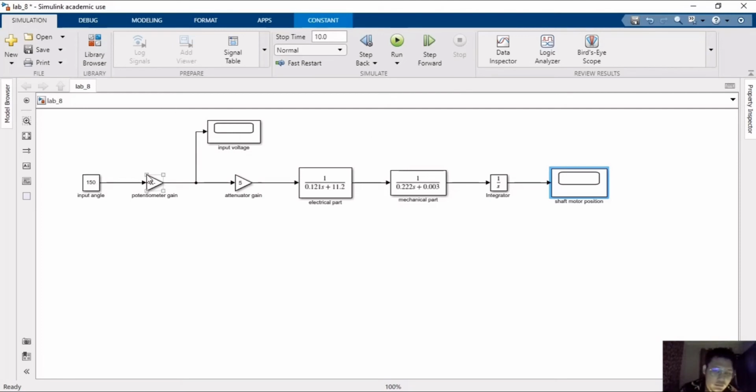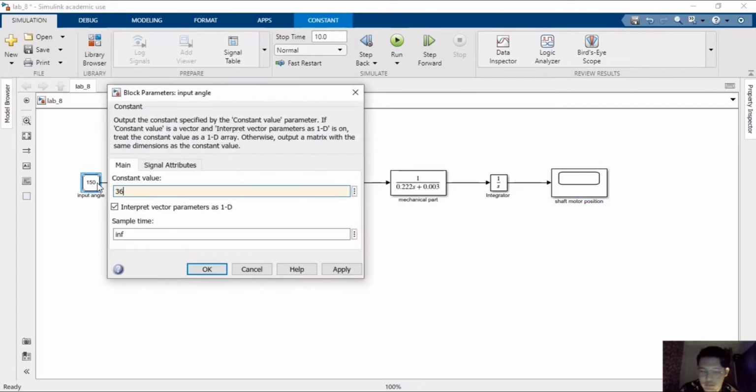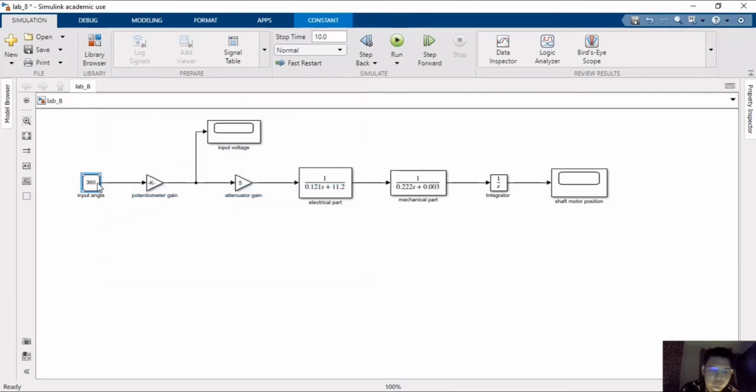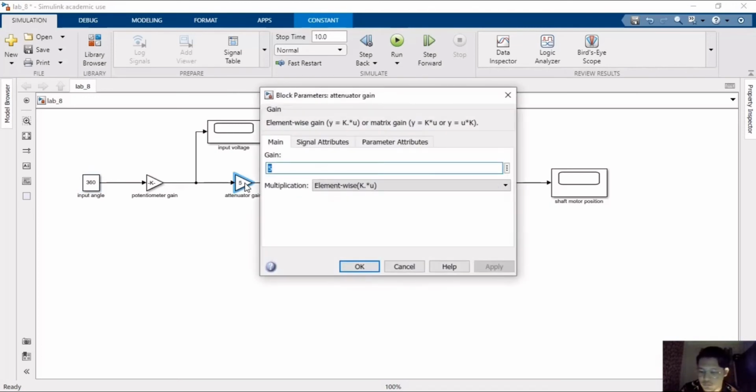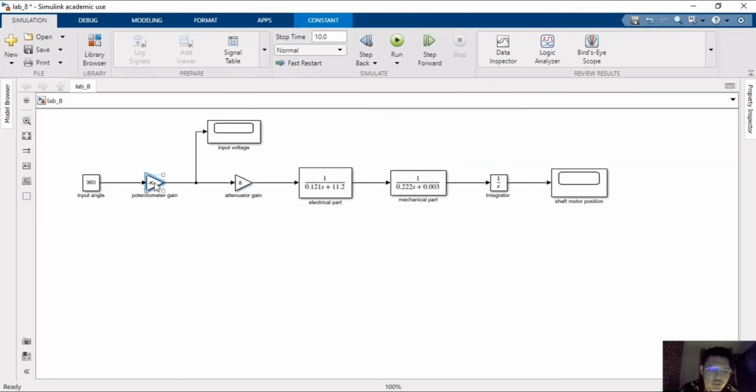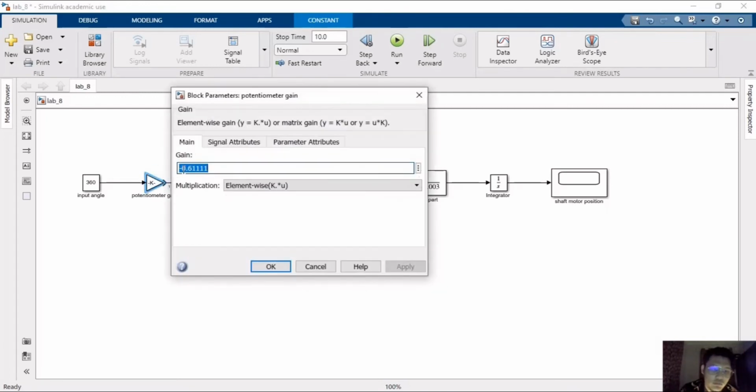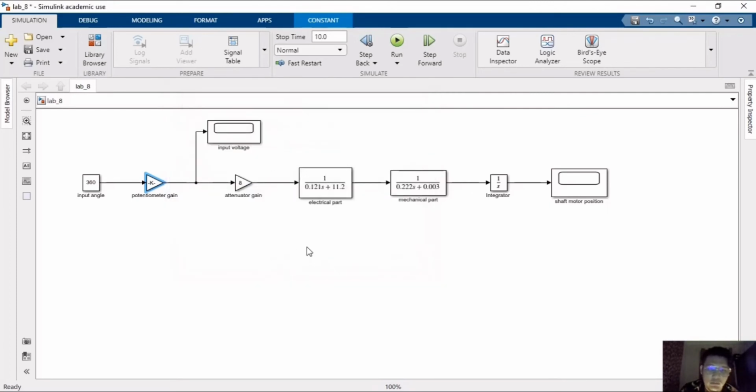Okay, then I will change the input angle to 360, and for the attenuator I will change it to 8, and for the potentiometer I will change it to the positive value, which is the clockwise direction.